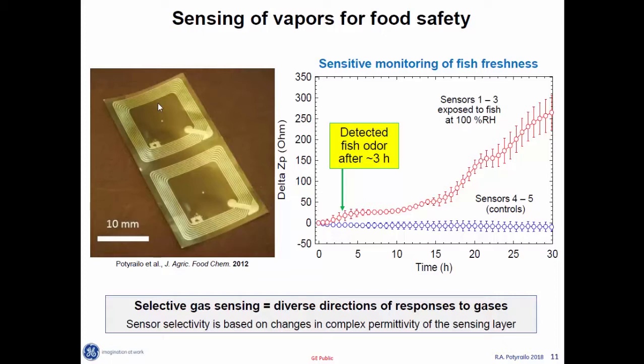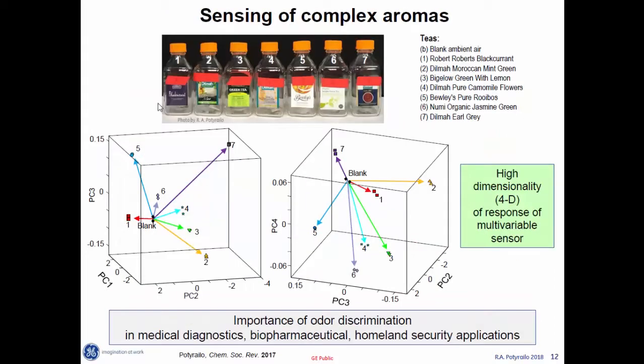You can see the responses of 3 sensors that were coated with the sensing material, and controls. For conventional research grade sensors based on colorimetric readouts, it takes about 24, 25 hours for that colorimetric sensor to kick in and have a sensor response.